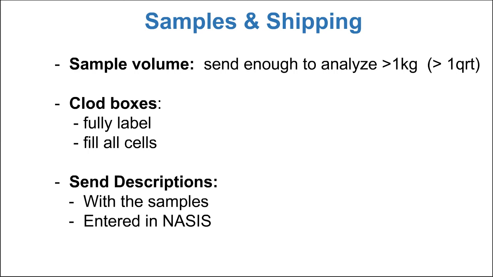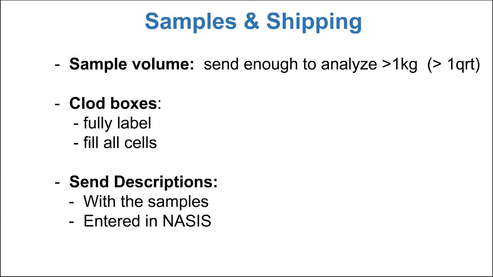You can put 24 clods in there, and so that would be eight horizons. That's the way we'd like to have it, because if we start putting them in a different order, it tends to cause some confusion when we're logging in the samples, assigning sample numbers, and compiling the information about all the samples that are coming in.